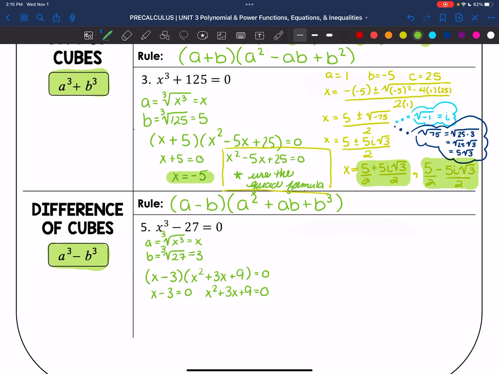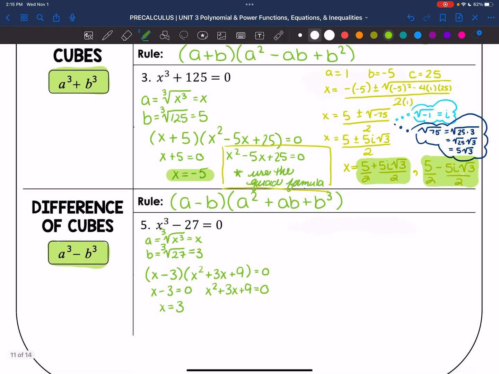The first of our factors here, we can find the solution very quickly. It is just 3. But now we're once again going to need to use the quadratic formula. Let's use our quadratic formula again here to solve that part.